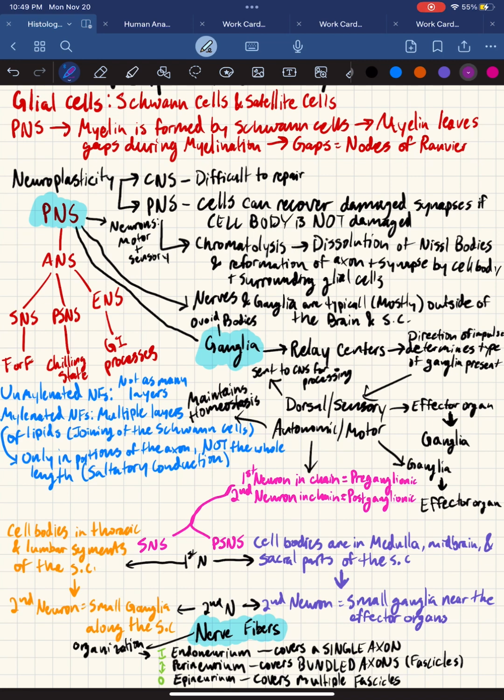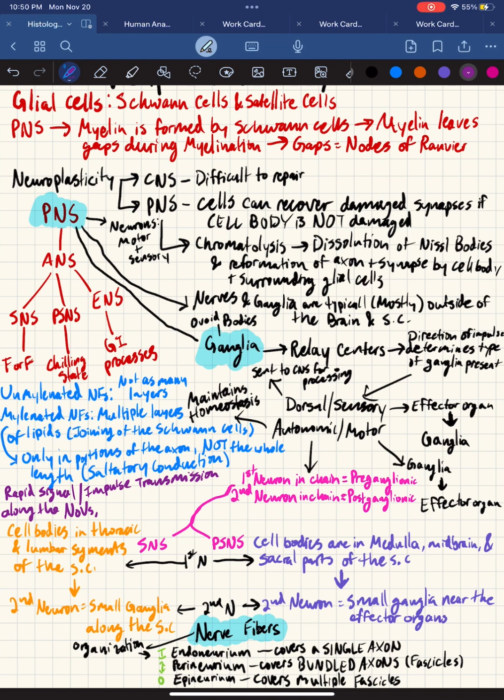So basically, saltatory conduction is just rapid signal or impulse transmission along the, I'm going to abbreviate this because we're running out of space, nodes of Ranvier. So it jumps from one node of Ranvier to the next, and it just keeps doing that.